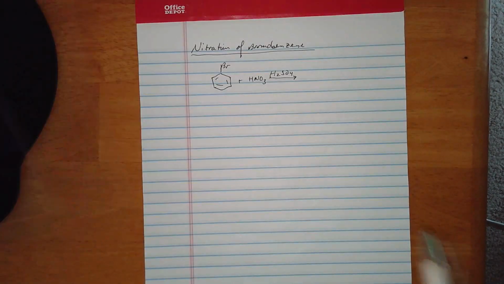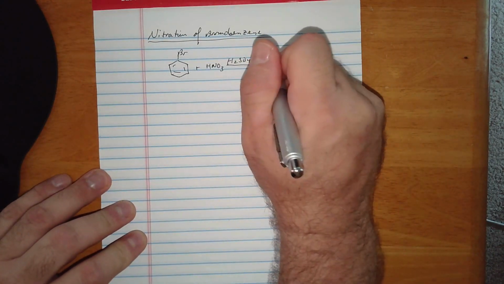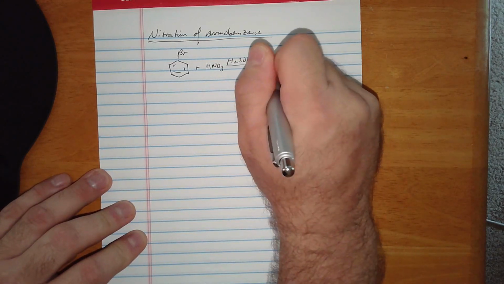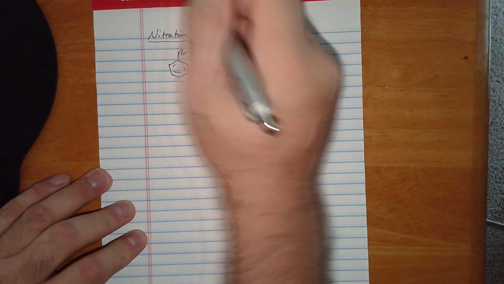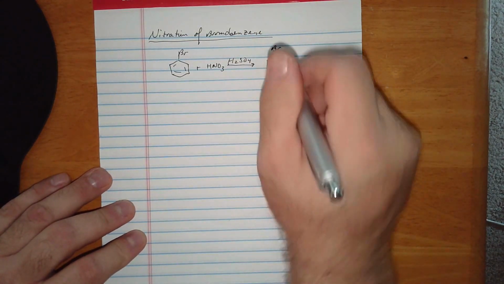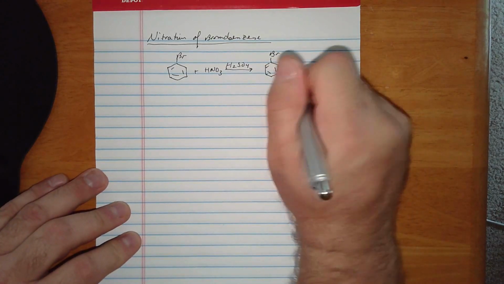So we would expect to see the dominant product as the meta product. However, halogens kind of break the rule. They're the ones that screw everything up. Although a halogen is a weak ring deactivator, it is also an ortho-para-director.